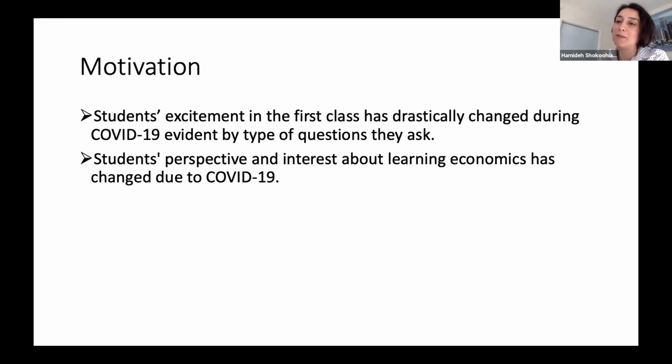I always tell them that economics is a golden opportunity, if they use it wisely, to become smarter citizens who have the knowledge to be involved in an intellectual conversation about government policies and economic news, which is very appealing for most students.